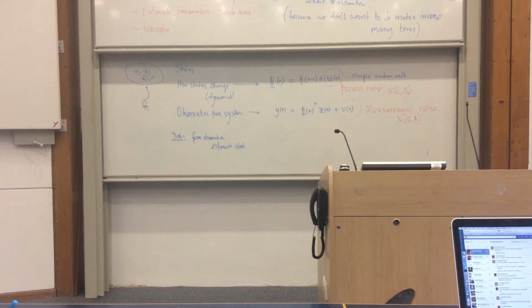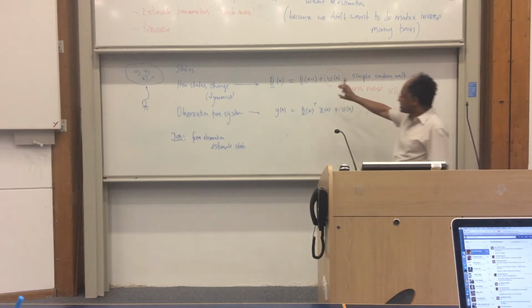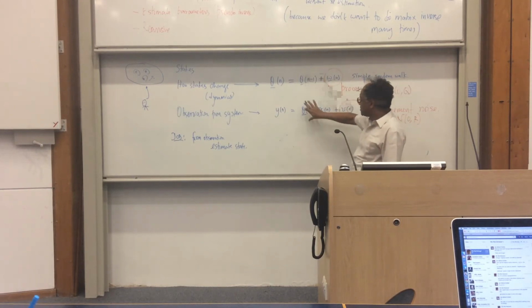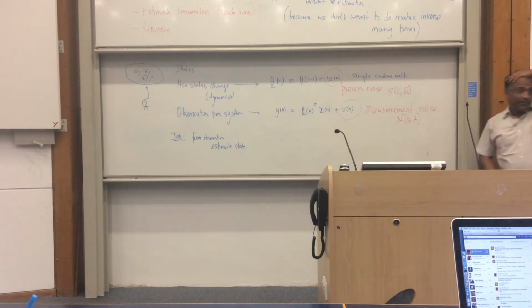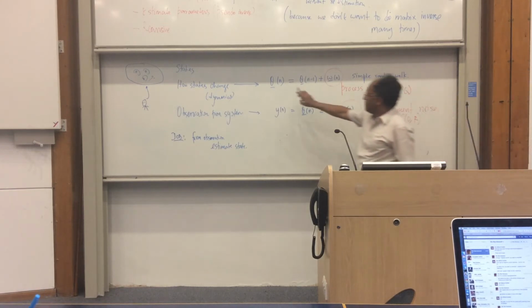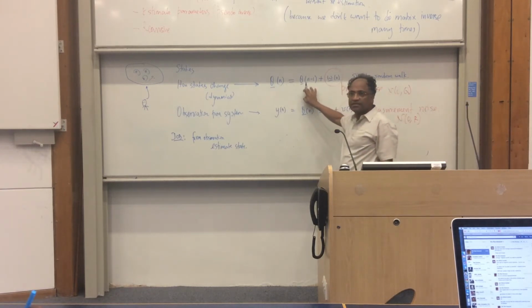Okay? What I have written is known in the literature as a state space model. There is a state dynamics, there is an observation you can make from it. Classic, much more useful state space models might have this as a function of this.